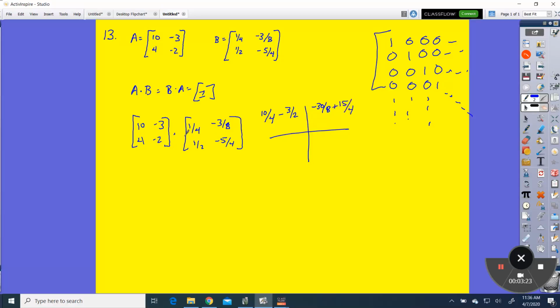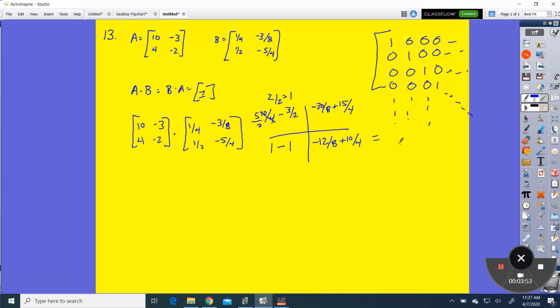So now the second row, 4 times 1/4 is 1. Negative 2 times 1/2, well, half of negative 2 is negative 1. 4 times negative 3/8 is negative 12/8. Negative 2 times negative 5/4 is a positive 10/4. Hopefully I've done all my math right. Now if I get common denominators, if I reduce, this becomes 5/2. 5/2 minus 3/2 make 2/2, which equals 1.